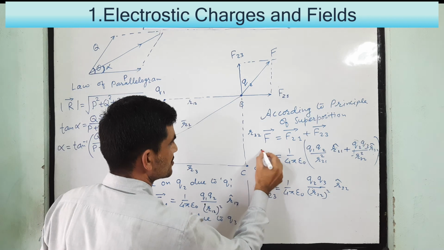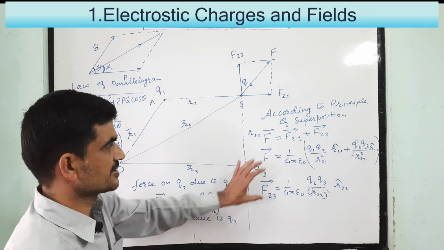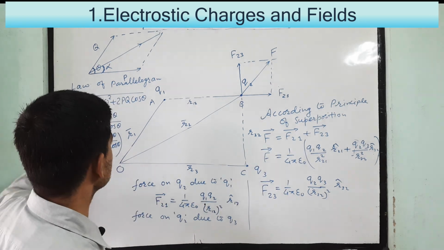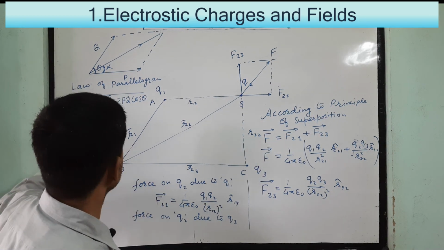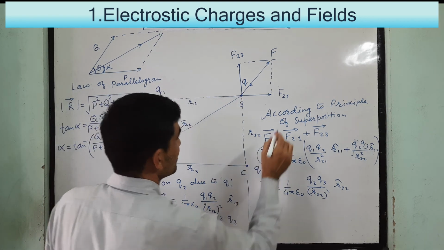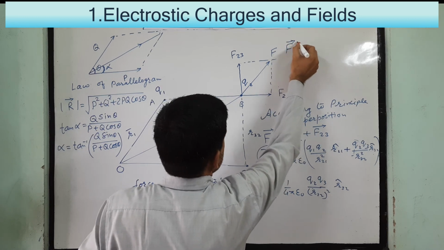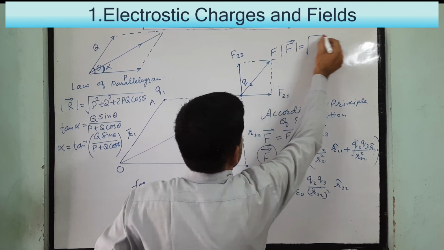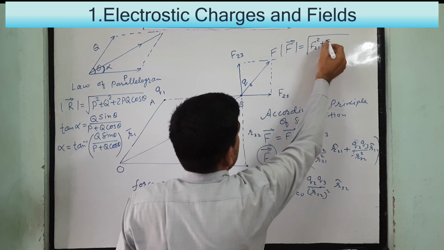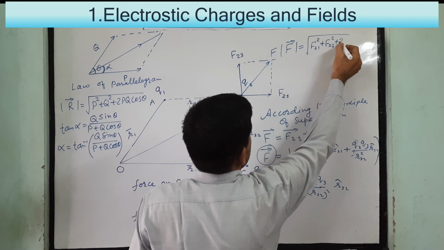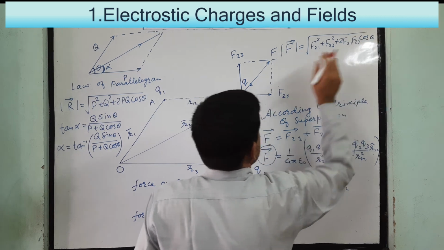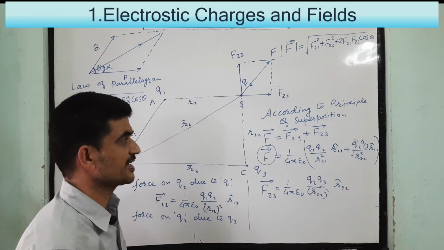In writing it looks very simple, but when you calculate, you have to apply this formula. To calculate the vector sum F, its magnitude is the square root of F21 square plus F23 square plus twice F21 F23 cos of the angle between these two. This is the magnitude. Clear?